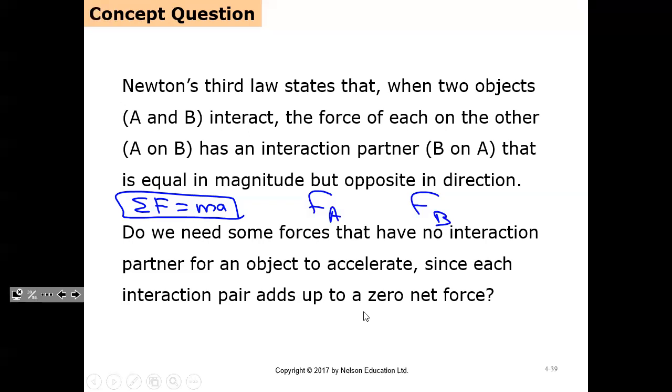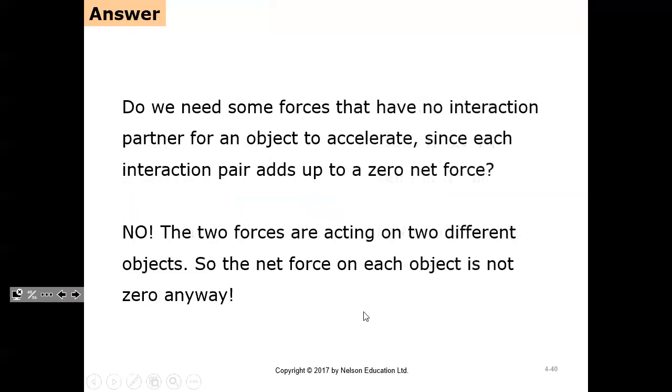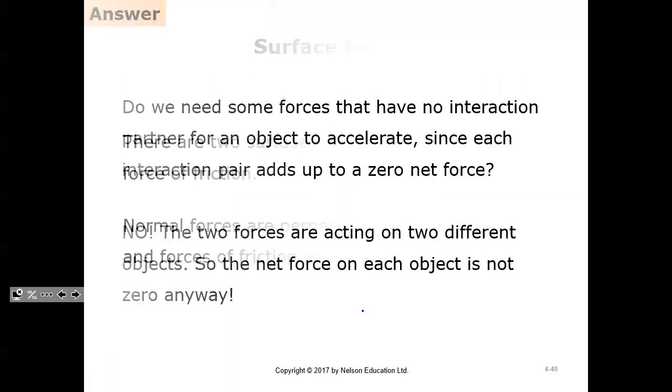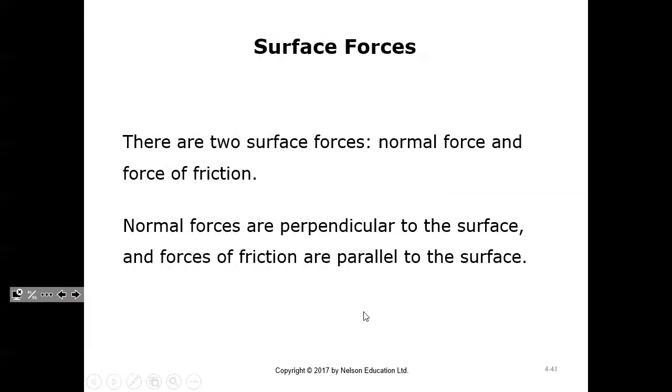The other force is on the other object. So why should they add them? In object A, there is only one force, so the net force will be that force, only FA, not FA plus FB. The two forces are acting on two different objects, so the net force on each object is not zero anyway. That's a short answer. I was explaining a lot, but that puts everything together.